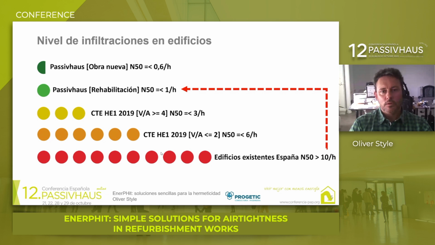So it's essential that we find economically and technically viable solutions to be able to undertake this part of the project and the construction work, and thus reduce infiltrations. It is also essential when implementing these kinds of improvements that we reduce infiltrations and logically control air renewal with a dual-flow heat recovery system.